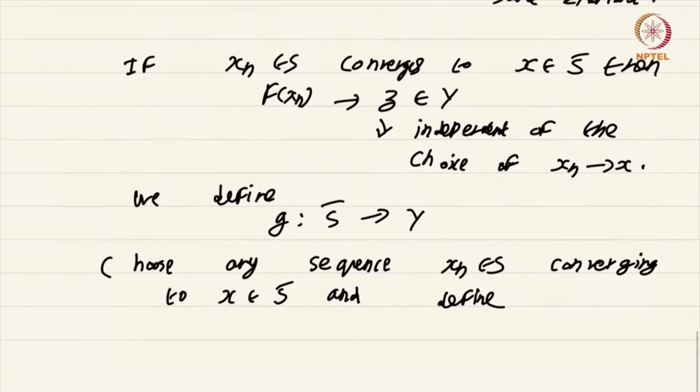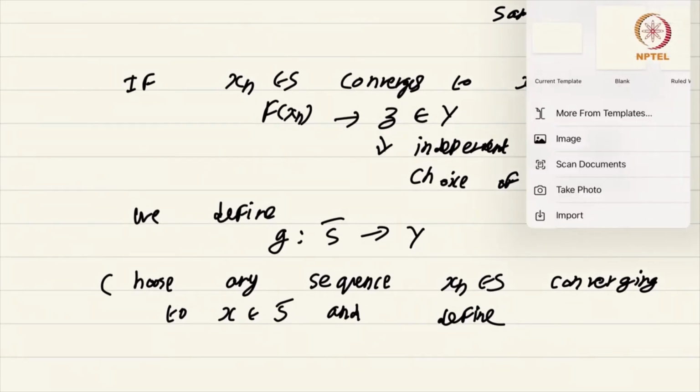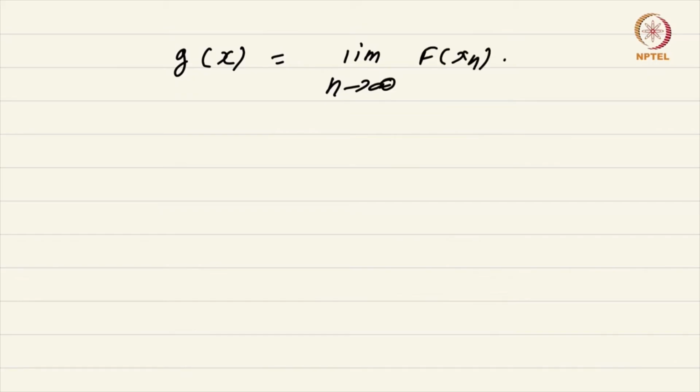Define g(x) to be the limit as n goes to infinity of f(x_n). So up until now, the entire discussion has been to show that this g is well defined. It does not depend on the choice of sequence x_n we choose.